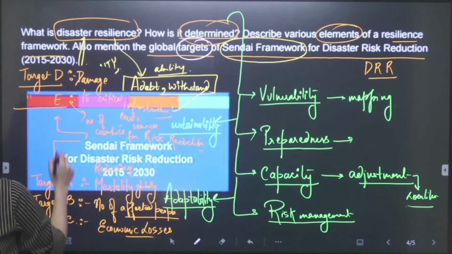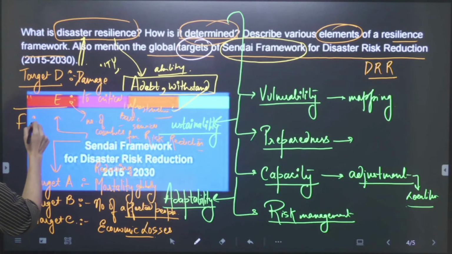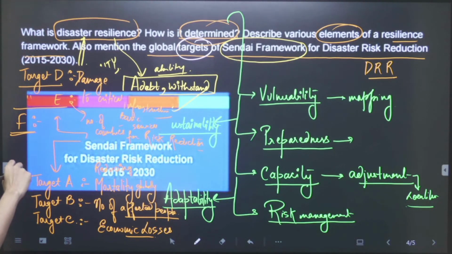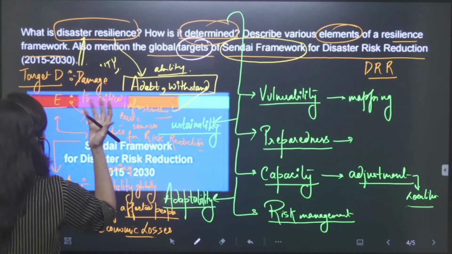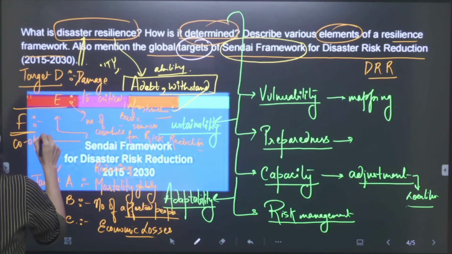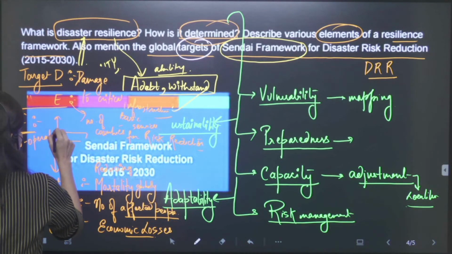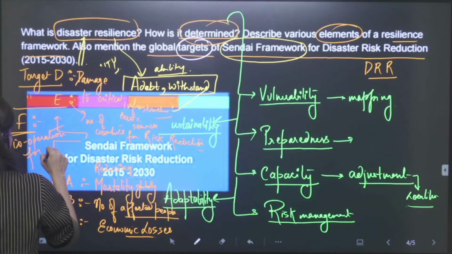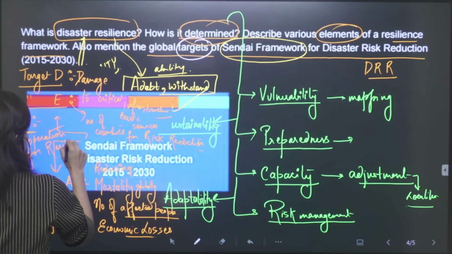Then we have target F. Target F is talking about international cooperation for resilience.